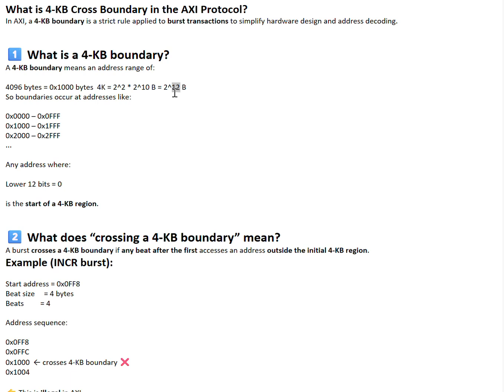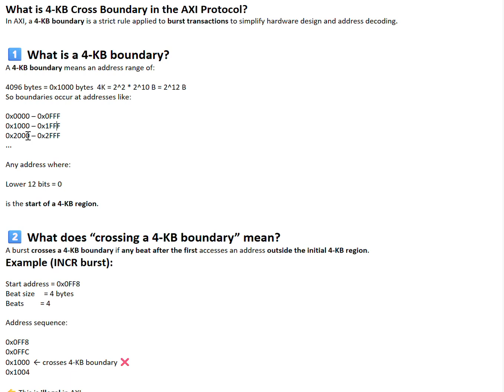In case these 12 bits are all zeros, we can say that the particular address is aligned to the 4KB boundary. That is why in the addresses 0, 1000 and 2000, the last 12 LSBs are all zeros.